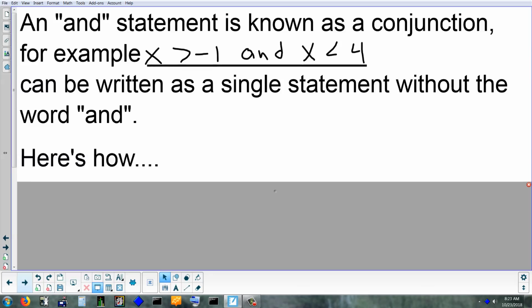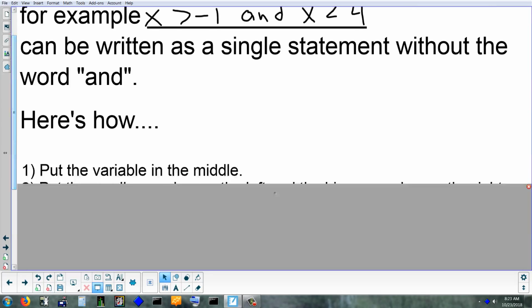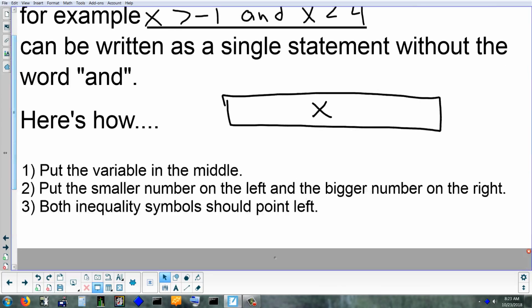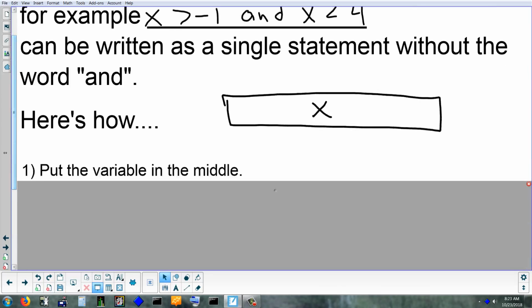So here's how you can take this and shorten it. Step 1, you put the variable in the middle. I'm going to write my answer right here, and you start with that.